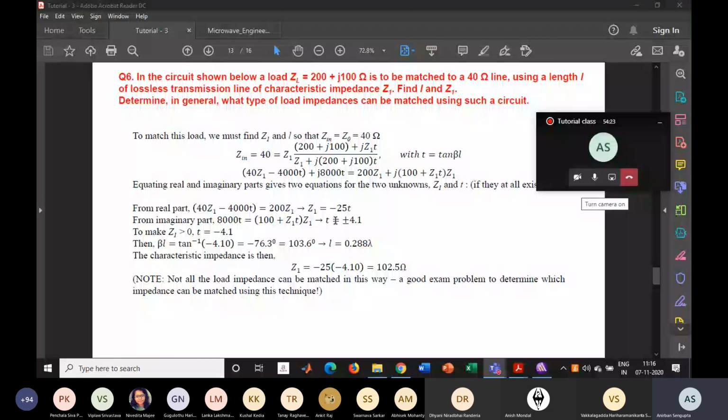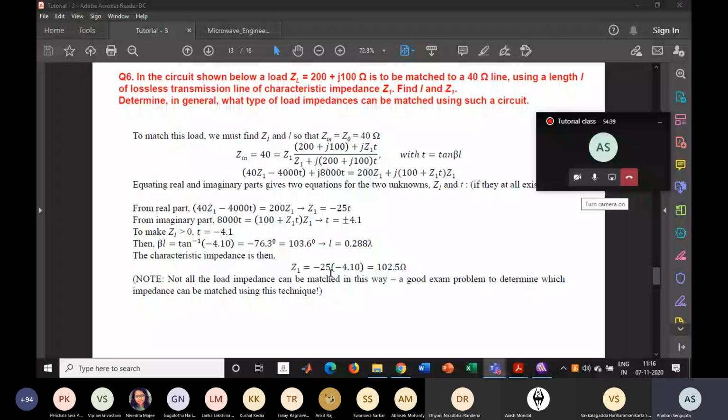So not all load impedances can be matched with this technique. We have to take Z1 to be greater than 0 and L also. So that is the part.